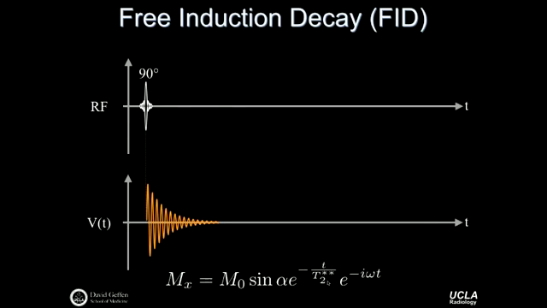There are T2 effects, and there are off resonance effects, at both the molecular and pixel level scale. And in this frame of reference, we're also adding a precessional term. So the voltage that I'm showing here is just the voltage that would be detected in that coil as a function of time, and you can see the precessional behavior here.